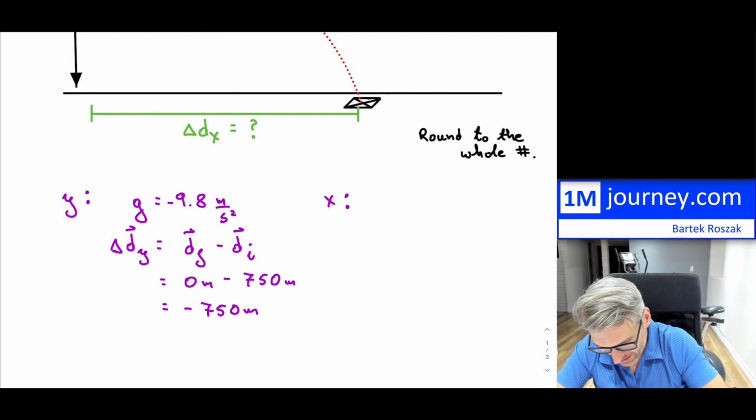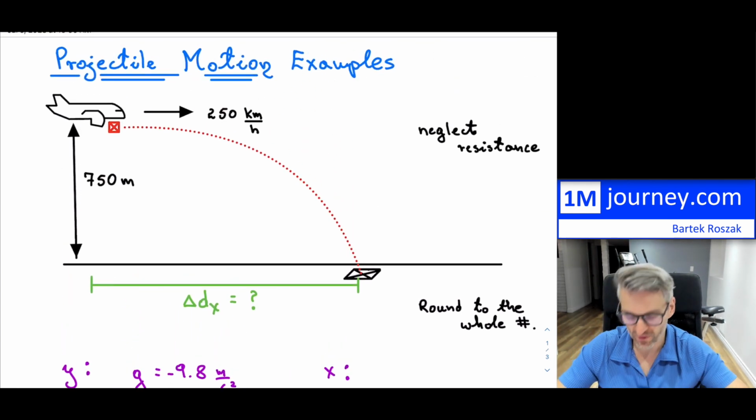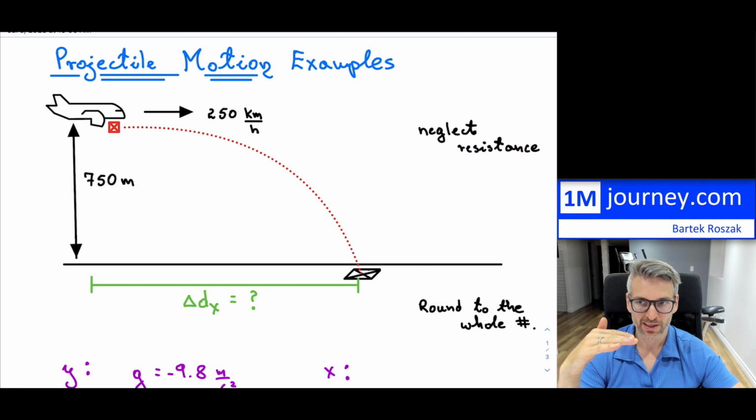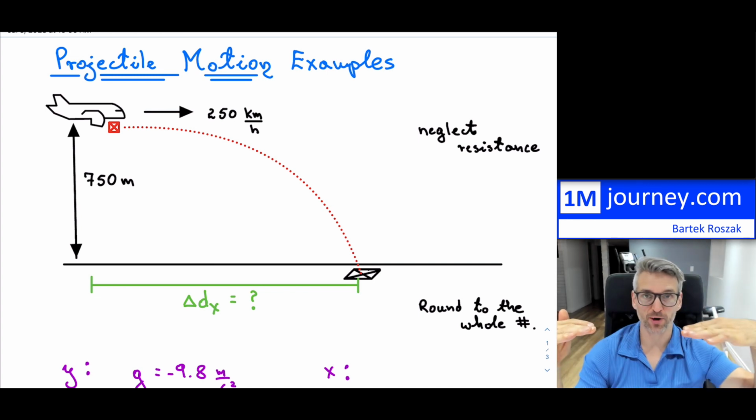We typically want to know what the initial velocity is. And notice that this initial velocity is moving horizontally, this plane. If it's moving horizontally, the angle of it is 0 with respect to that particular airplane.